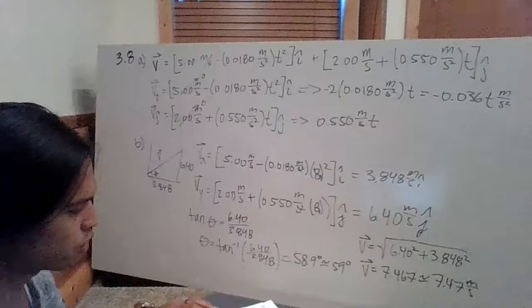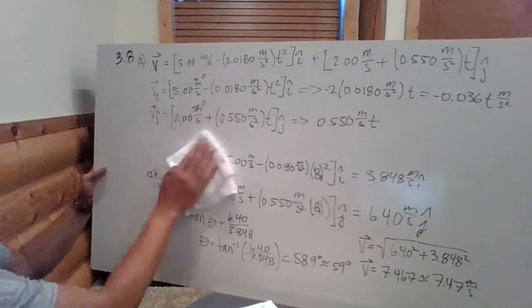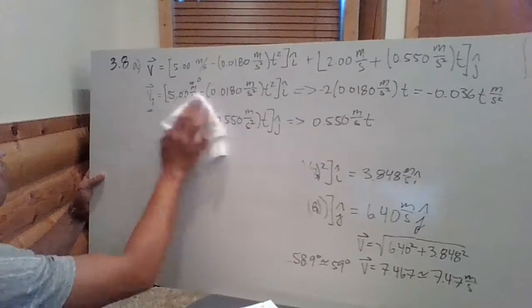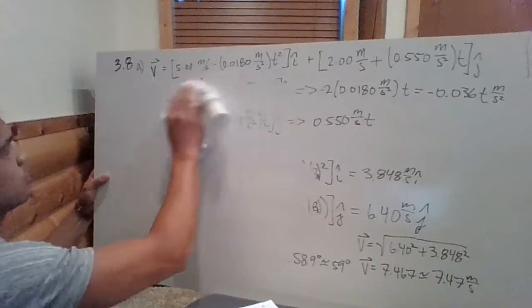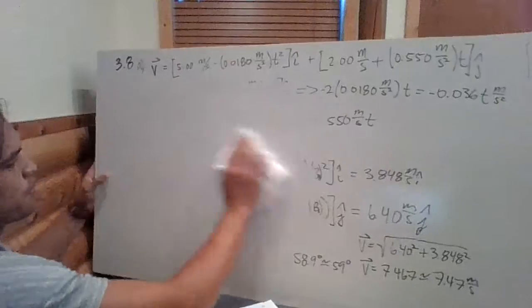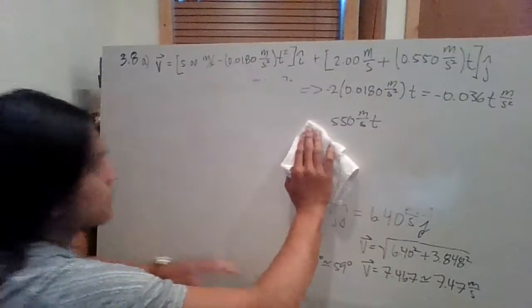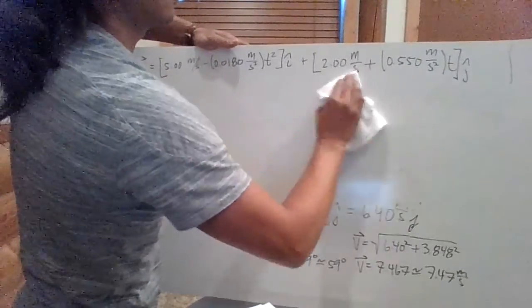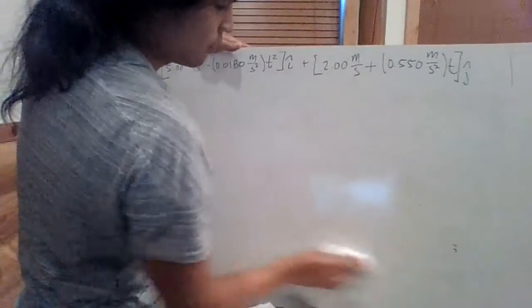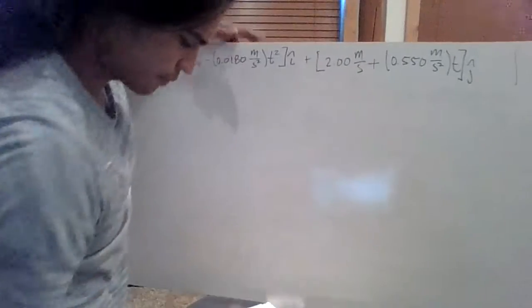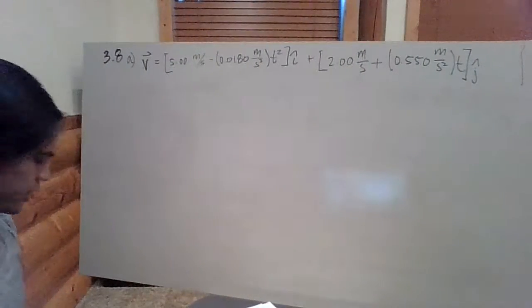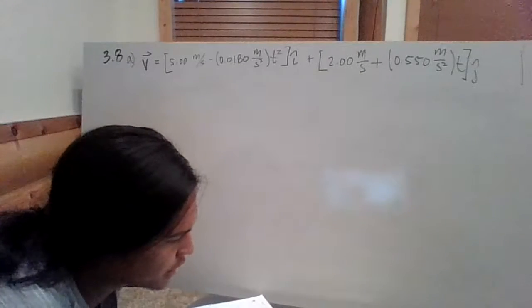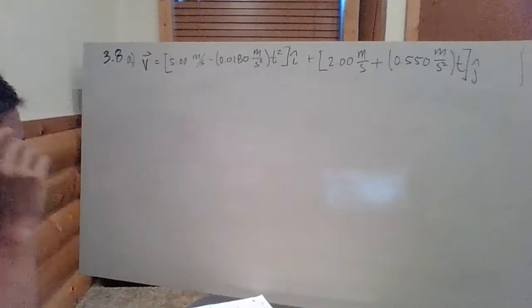Now I'm going to erase this for part C, which asks for the acceleration. For part C it asks, what are the magnitude and direction of the car's acceleration at 8 seconds?